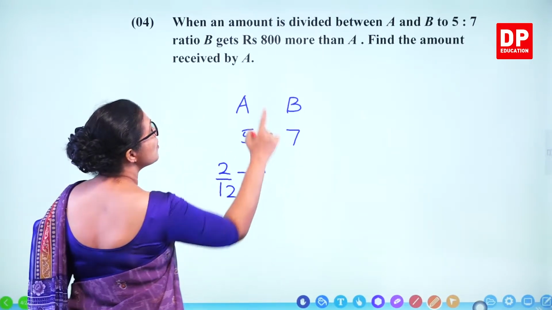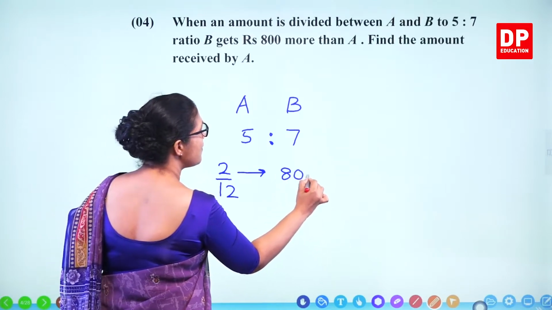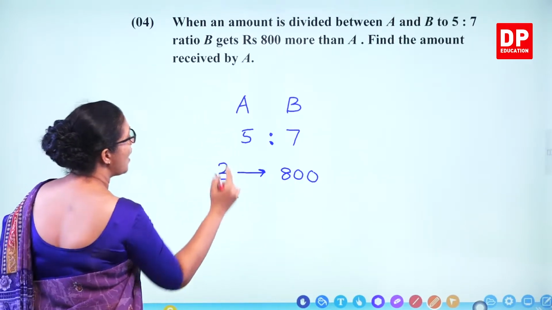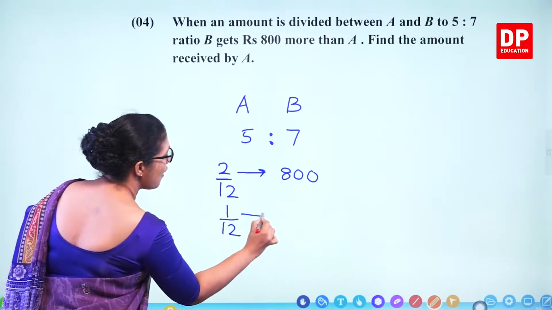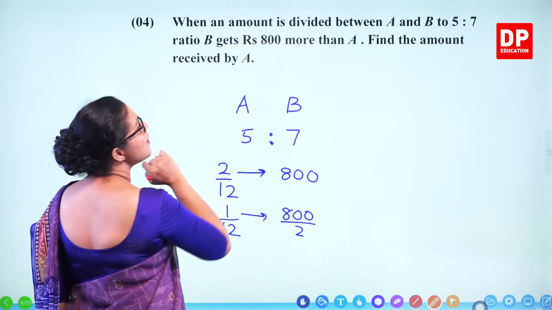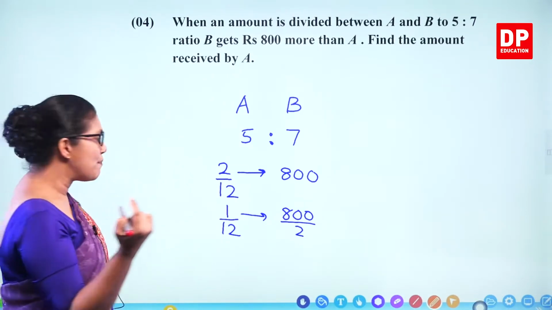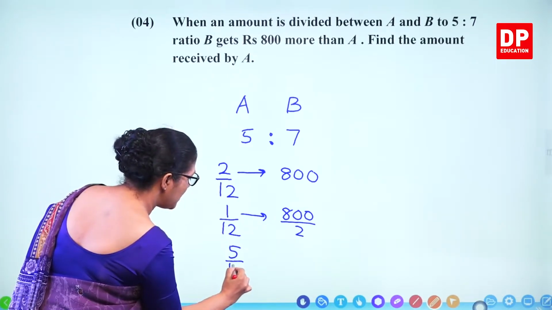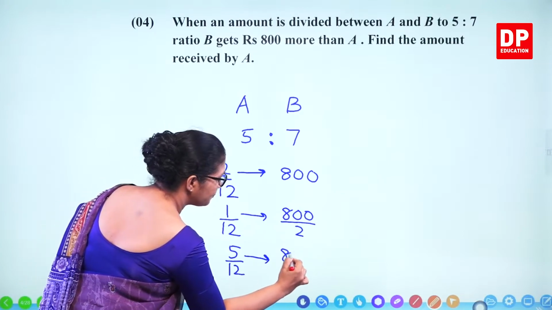That is equal to the extra amount, that's 800. So what's one part? You divide by 2. But you need the amount received by A. That means 5 parts. 5 over 12 means you multiply by 5.